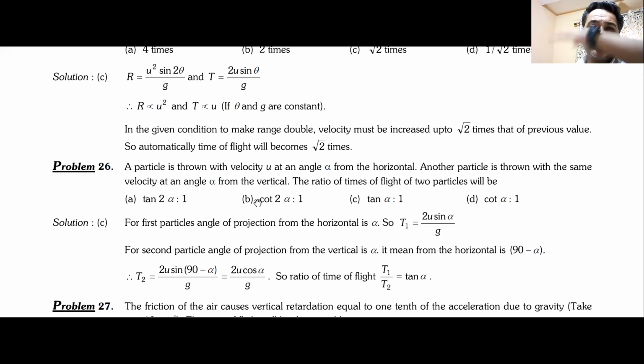One angle is with the horizontal, alpha. The other angle is with the vertical, alpha. Can you get me the answer? Shall I do it or you can do it on your own?